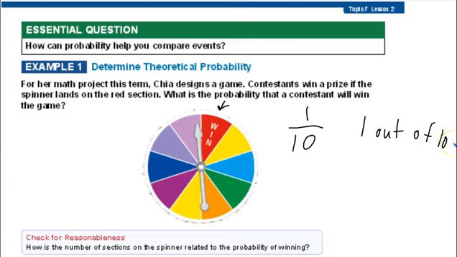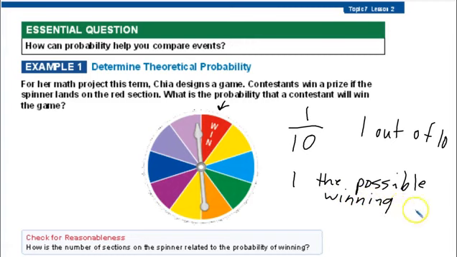So, 1 is the event to win, the possible winning outcome. And then there's 10 total possible outcomes.